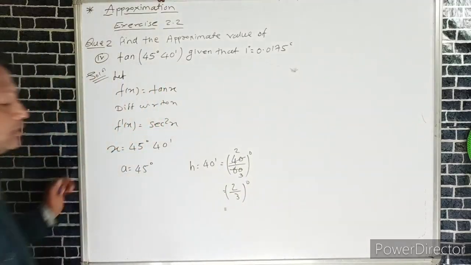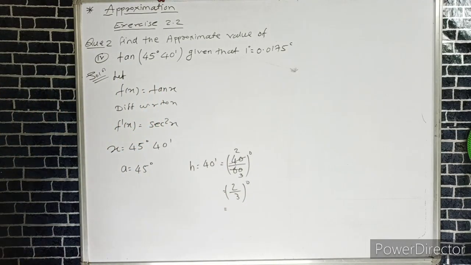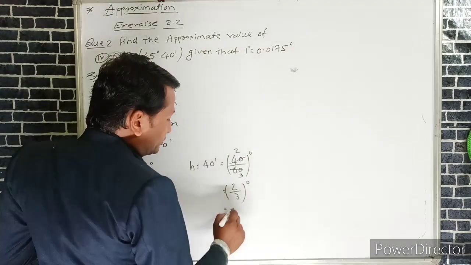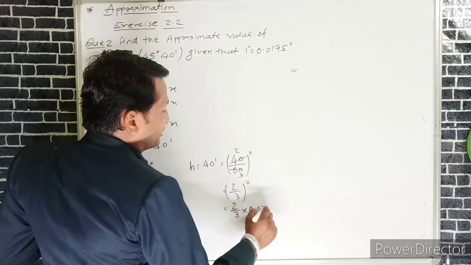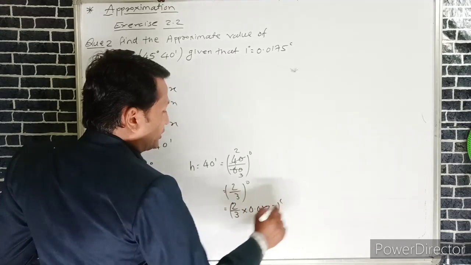Now, to convert this degree into radian, the value of 1 degree is 0.0175 radian.